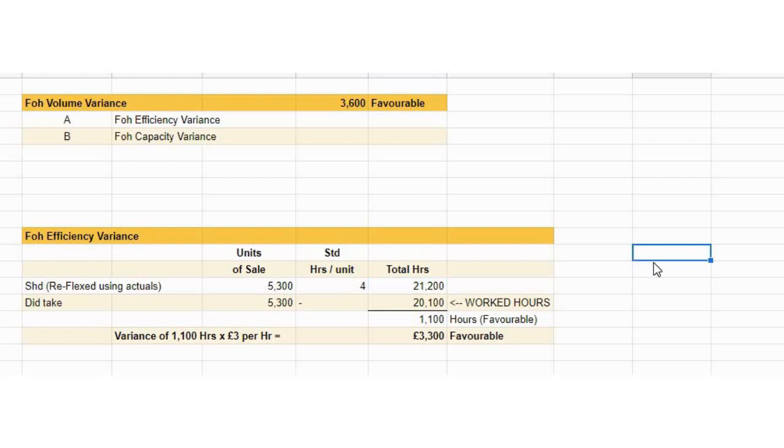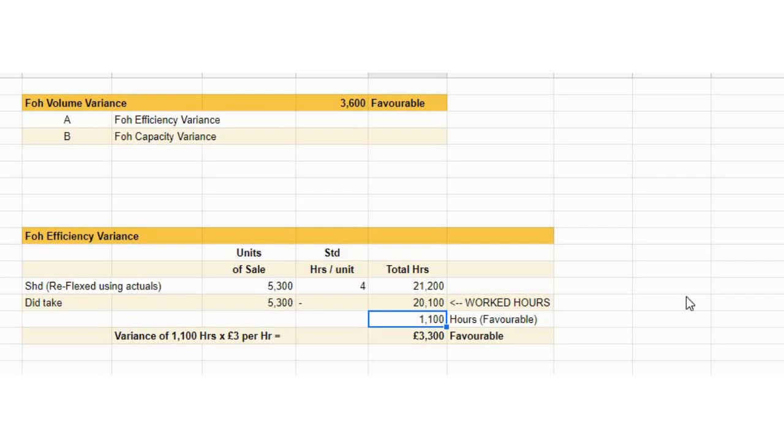So that was what should have been taken in hours. What it actually took was 20,100 hours, which were the worked hours, exactly the same as the labour efficiency variance. Because what it took was less than expected, it's 1,100 hours favourable.